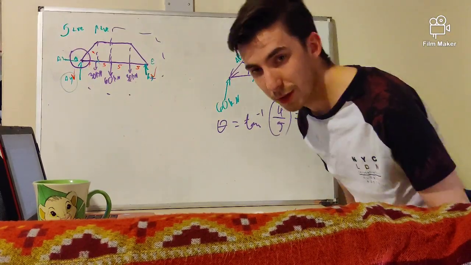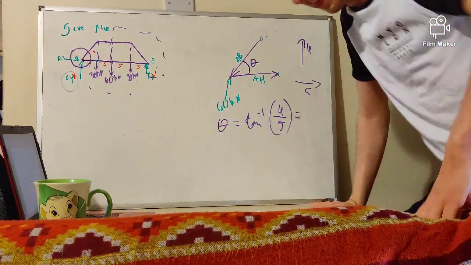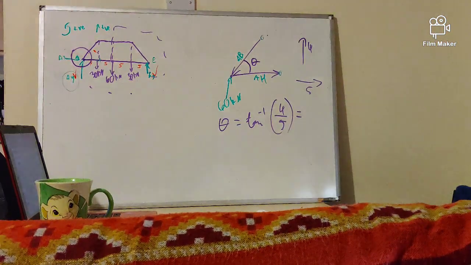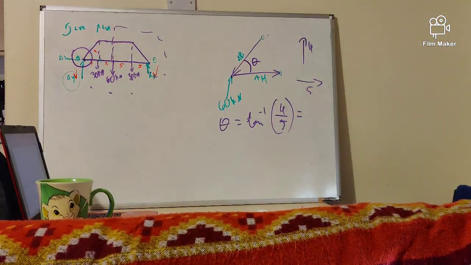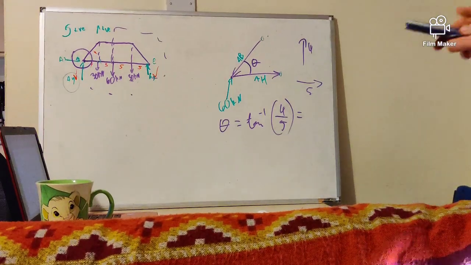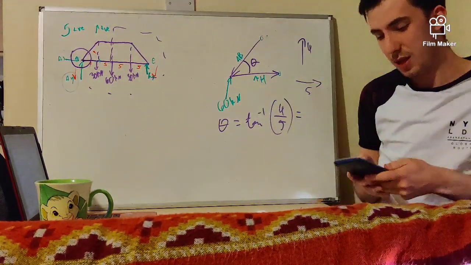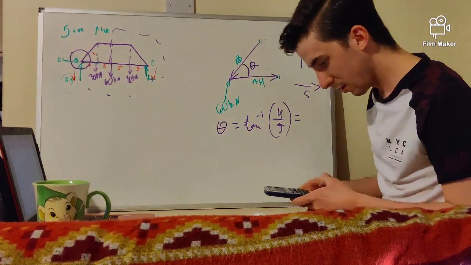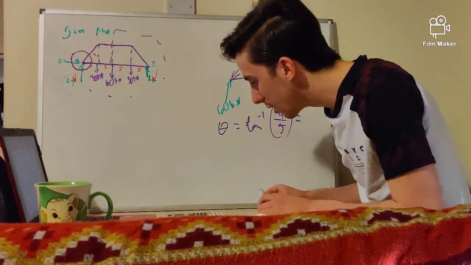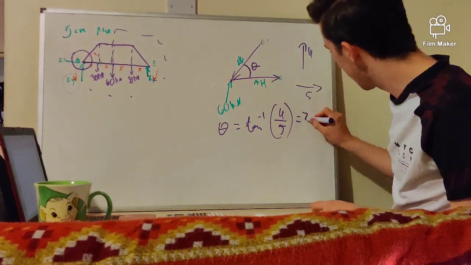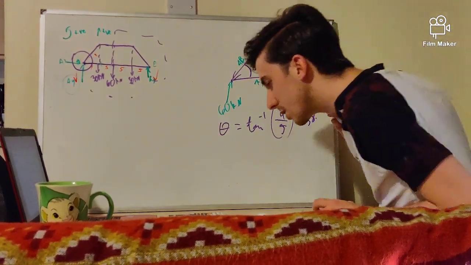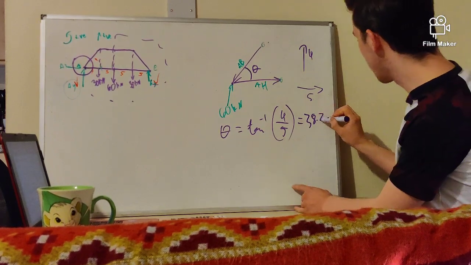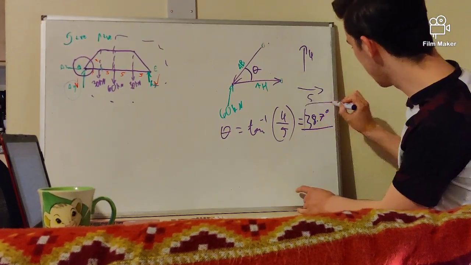Same as last week, I forgot my calculator. It is inverse tan of 4 over 5, which is 38.67, 38.7 degrees.